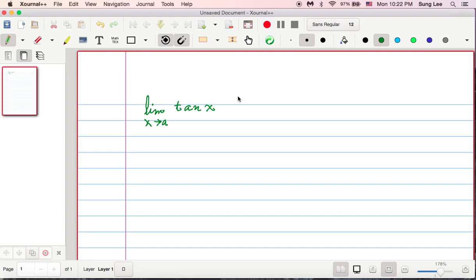Okay, so first thing is we are going to write down tangent of x as sine of x over cosine of x. Okay, that's what the tangent of x is, right?